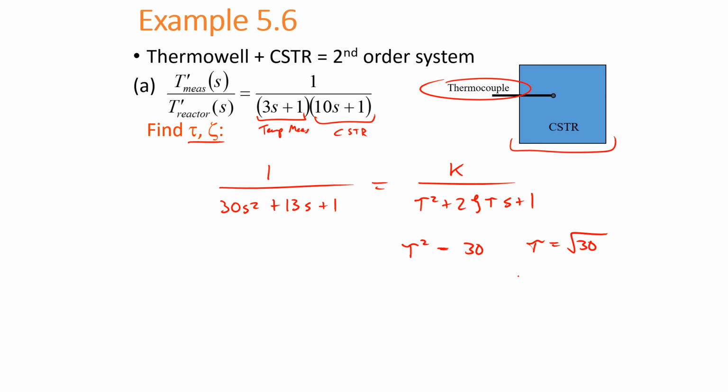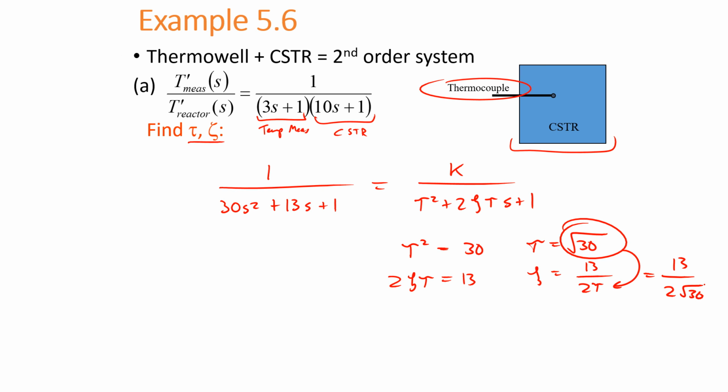And then we know that 2 zeta tau equals 13, or zeta equals 13 divided by 2 tau. I can just plug my tau value in there to get 13 over 2 times square root of 30. So I have my tau and my zeta value for this case.